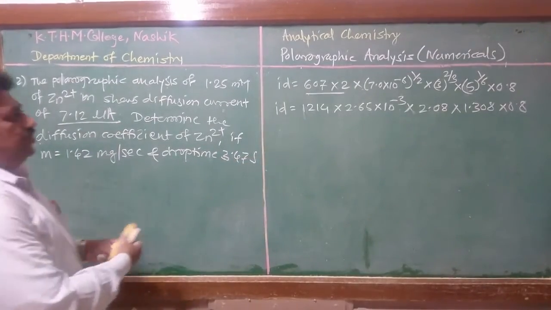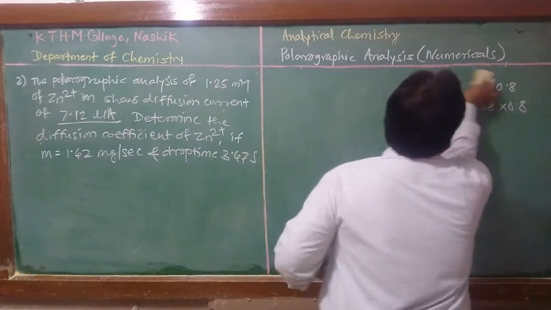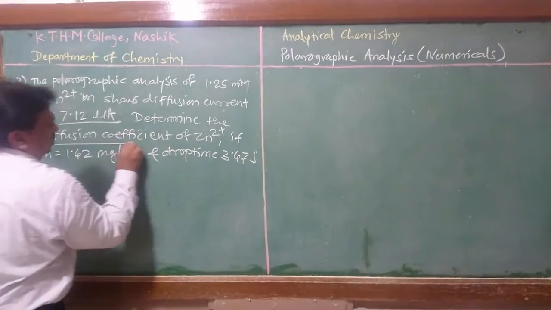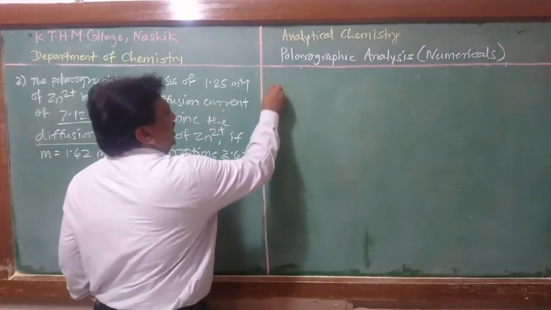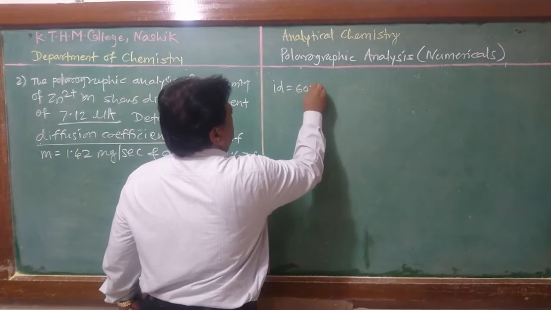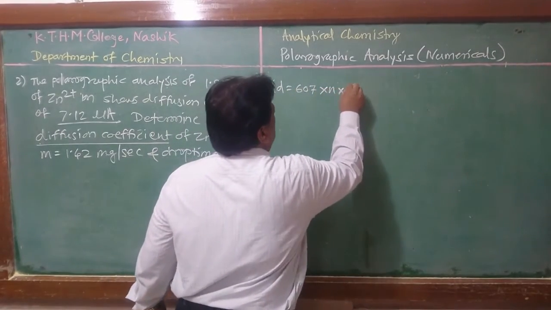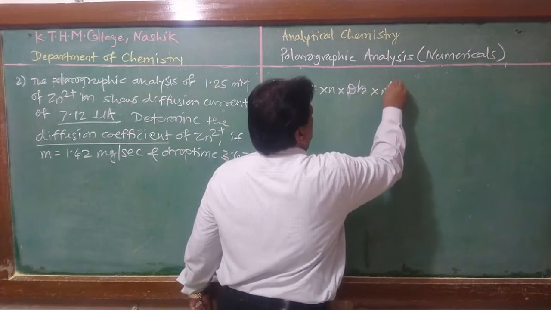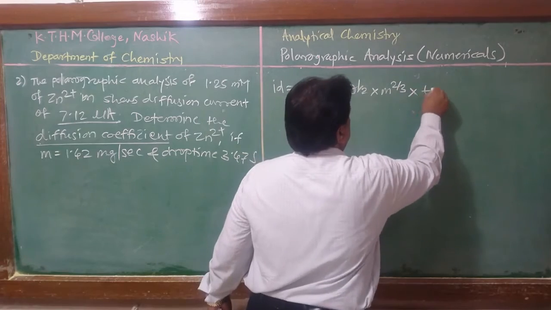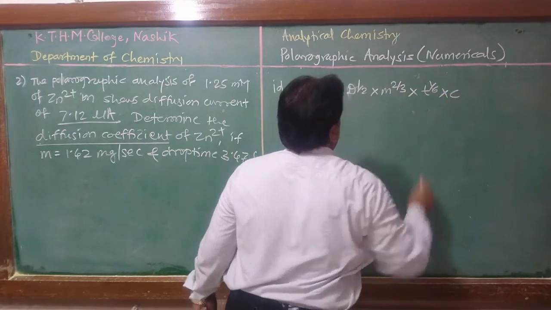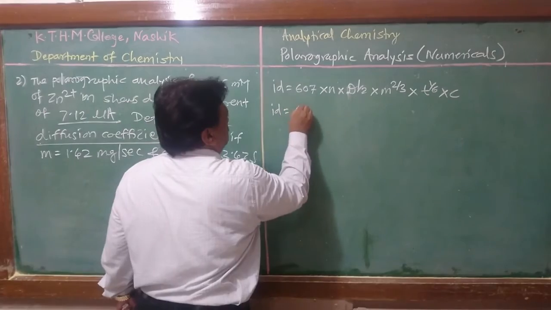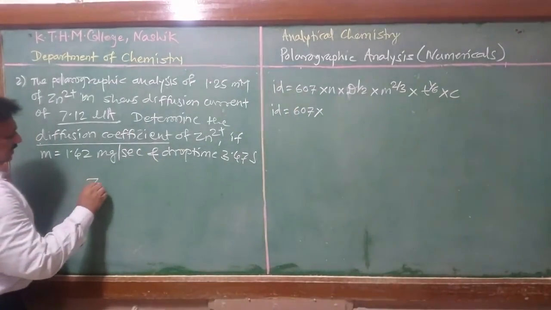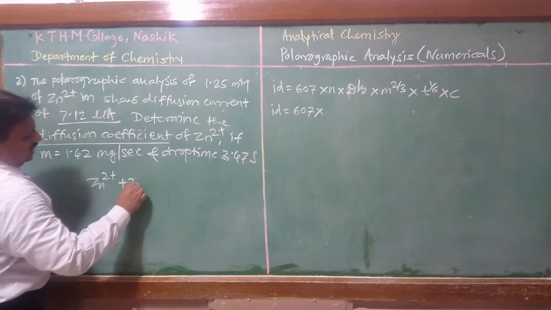Here again we have to use the Ilkovic equation for determination of the diffusion coefficient of this zinc 2 plus ion. Therefore, ID is equal to 607 into n into D raised to half into m raised to 2 by 3 into t raised to 1 by 6 into C. For zinc, it is again zinc 2 plus with 2 electrons.